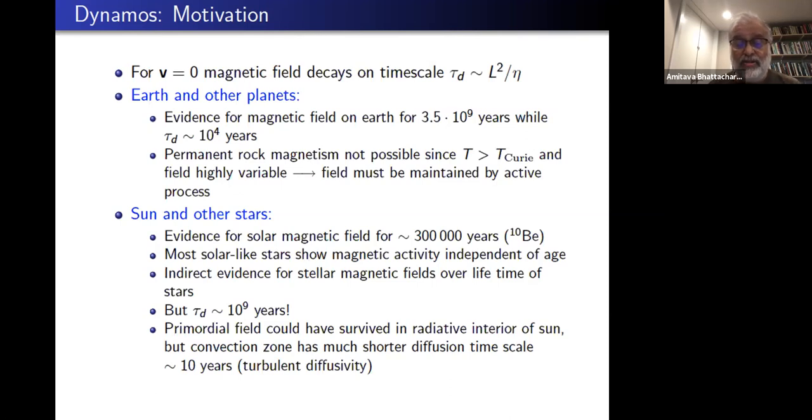But the dissipation is about 1 billion years. Now, primordial fields there at the moment of their birth could have survived in the radiative interior, but the convection zone is really churning with turbulence all the time. And this is where, if you invoke the concept of turbulent diffusivity, that's about 10 years.